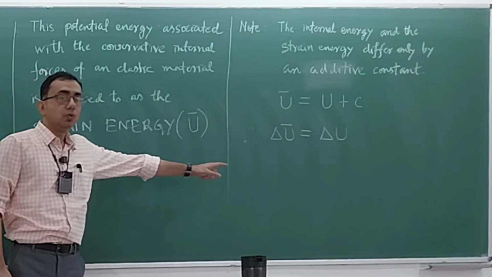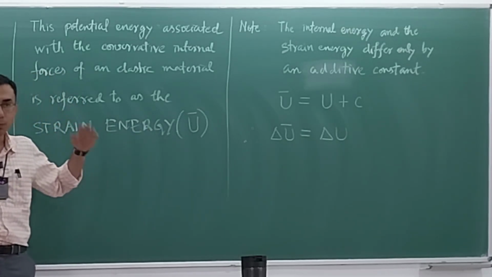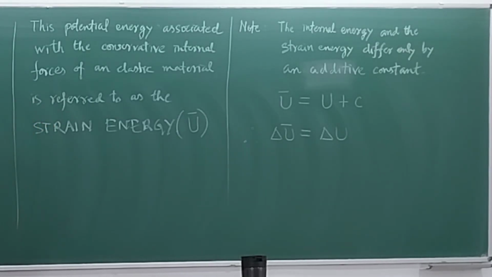Now, all this mumbo jumbo that I'm saying is only to arrive at this fact: when we are dealing with the work done on an elastic material, although the first law of thermodynamics tells us that it is the change in the internal energy, operationally we will understand that the work done is basically nothing but the change in the strain energy. So from now on, the capital U will depict the change in the strain energy. That's it.